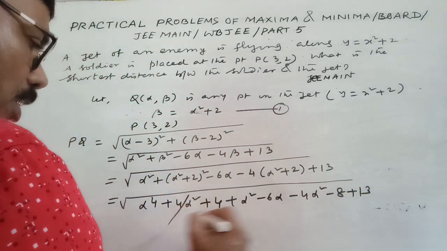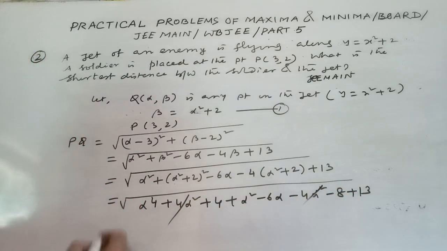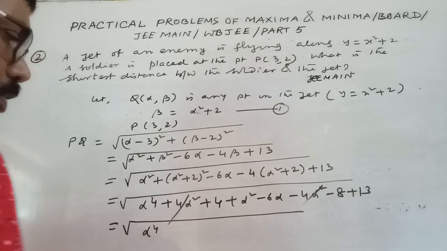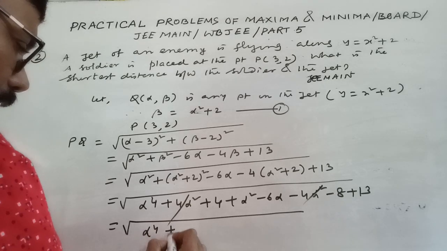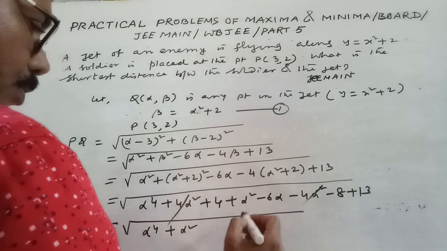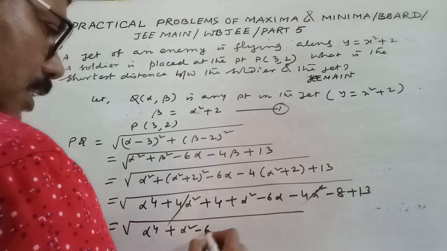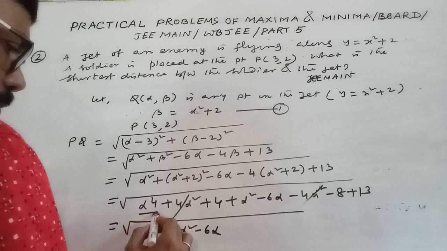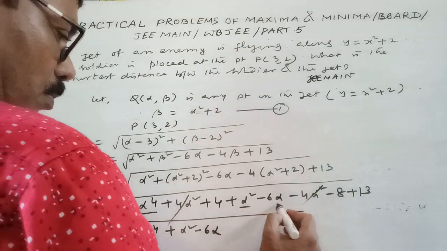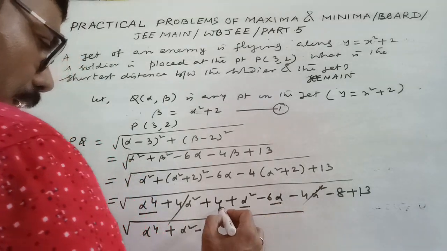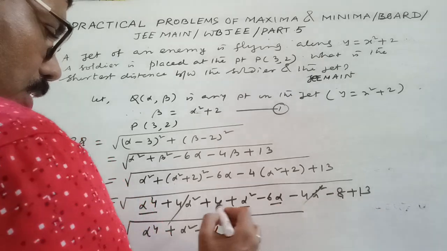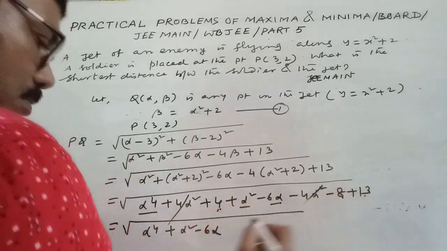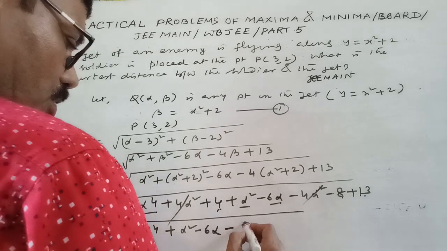So 4 alpha square is cancelled out. Finally, alpha to the power 4 plus alpha square minus 6 alpha, and 13 plus 4 is 17, minus 8, so this is 9.